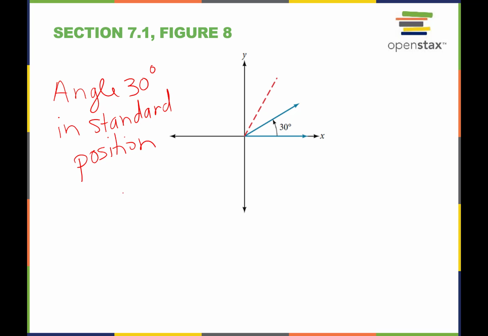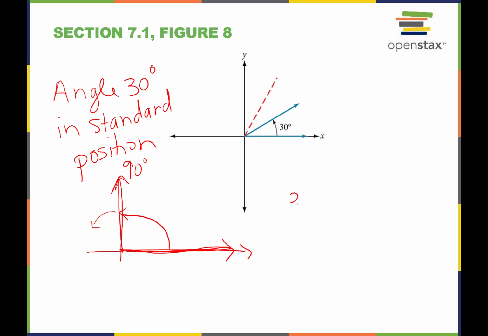All right, now because I know that if I start here on my initial side of my positive x-axis, that's in standard position, and I sweep open to my positive y-axis, I know that would give me 90 degrees. So I know 30 degrees has got to be in the first quadrant. It can't be in the second quadrant because that would be bigger. If I swept even further open, that would be bigger than 90 degrees. So I know 30 degrees has got to be in this first quadrant somewhere.